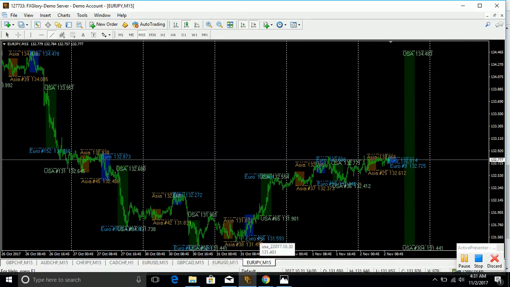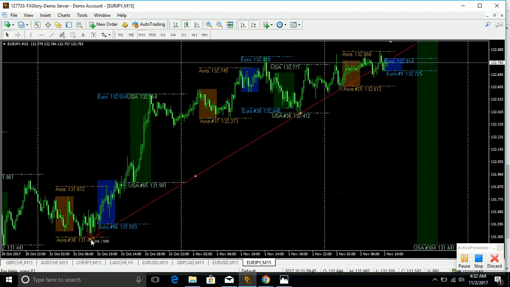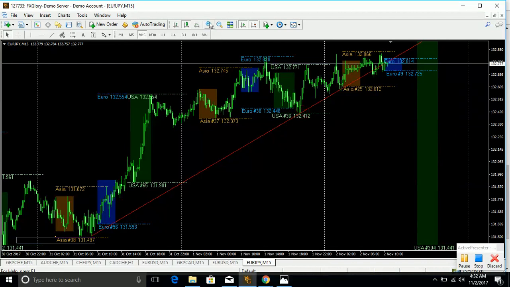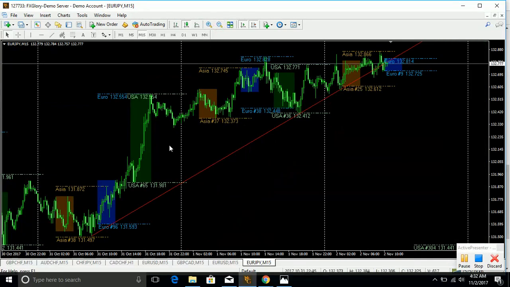Okay, so if we start here, let's draw a trend line from here to here. See how we can easily draw this from here to here. You guys see that trend line?